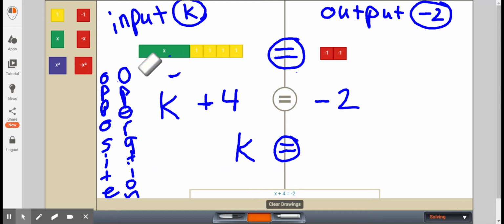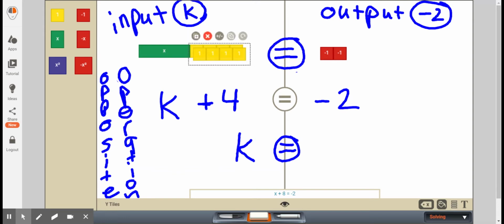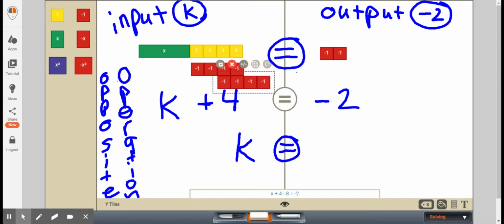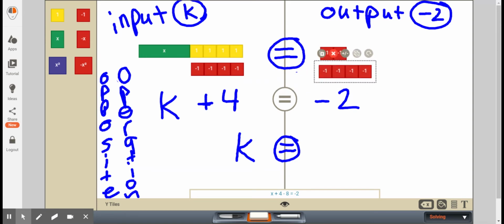And we are actually going to look at the opposite operations method here. So on the left side, we have 4 positives. Okay, and now if we do the opposite on the left side of 4 positives, we're actually going to do that equally on both sides.